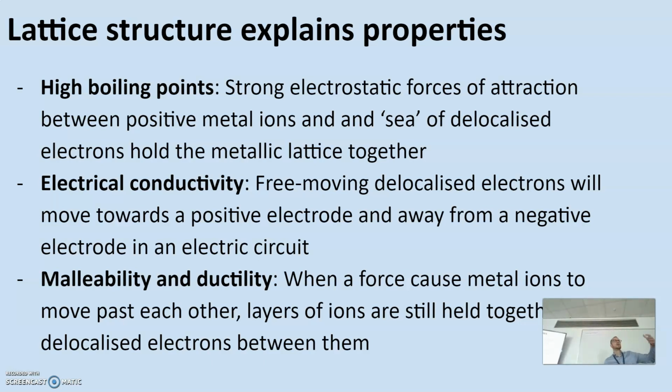The positive metal cations, considered from a mass point of view, are much more significant in mass compared to electrons. So they're not likely to move readily. But the lattice or the metal is held together strongly by that force of attraction, opposite charges attracting.